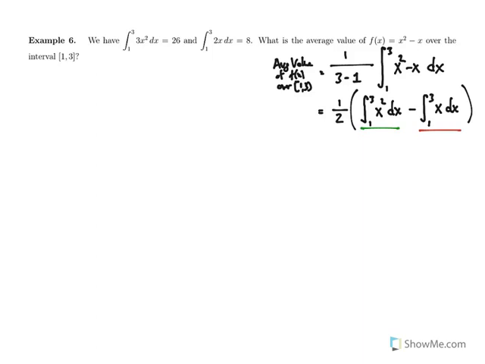So to find the x squared one, I'm going to use this first fact that the integral of 3x squared is equal to 26, and I'm going to work around that. I'm going to write this as 3 times the integral from 1 to 3 of x squared dx equals 26.